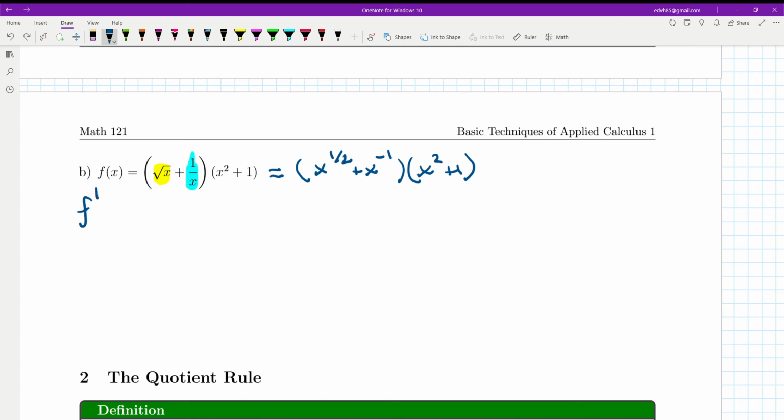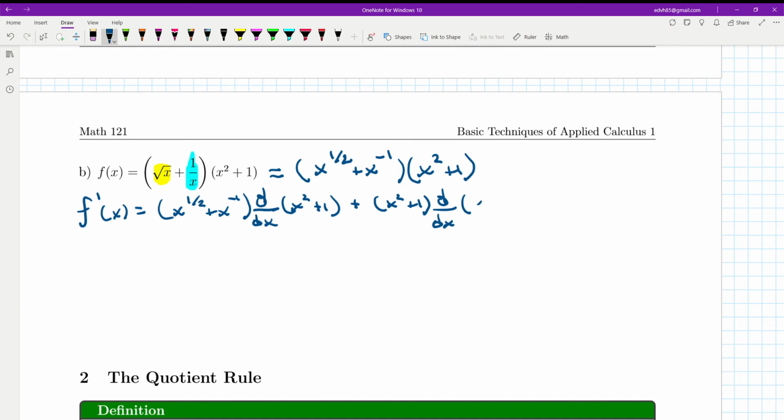So that's the first function, x to the 1/2 plus x to the negative 1, times the derivative with respect to x of x squared plus 1, plus the second function, x squared plus 1, times the derivative of the first function with respect to x, which in this case is x to the 1/2 plus x to the negative 1. So we just set up the formula to find the derivative of this function.